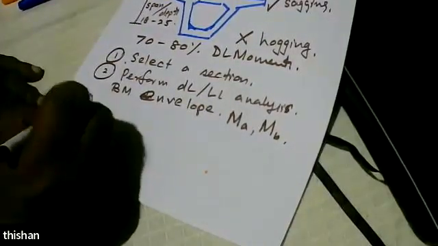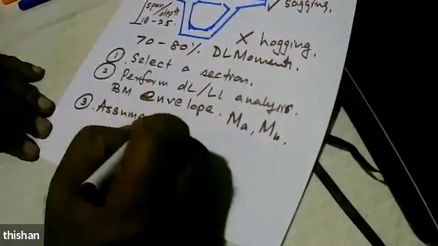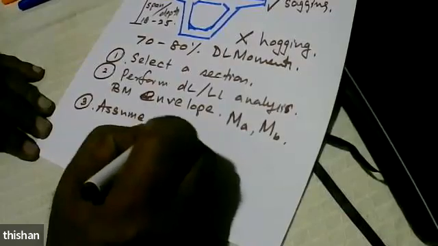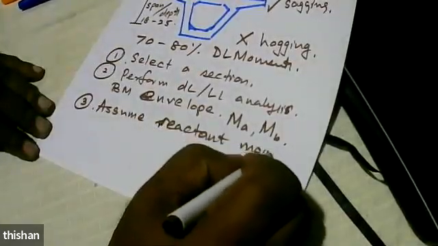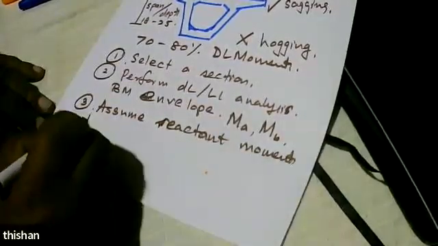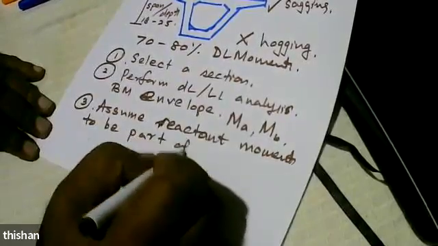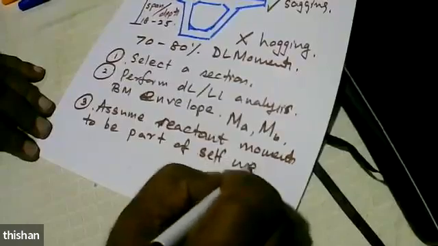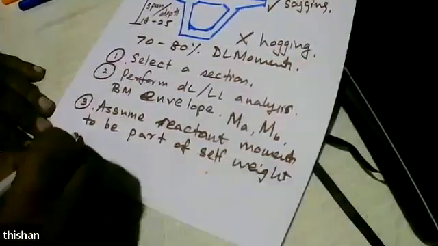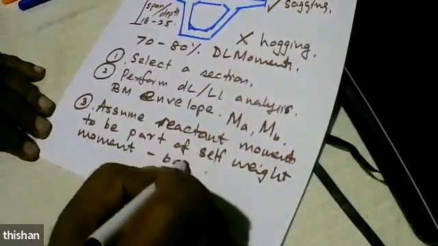Third one, assume secondary reactant moments to be part of the self-weight moment. So we can say 60 to 80%.